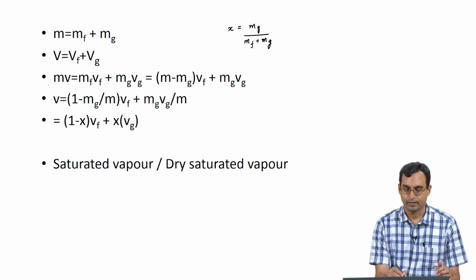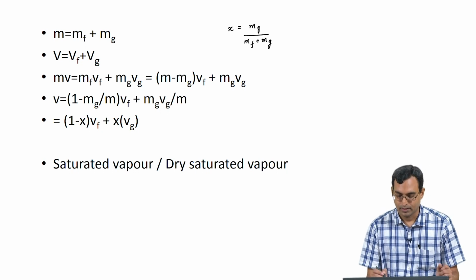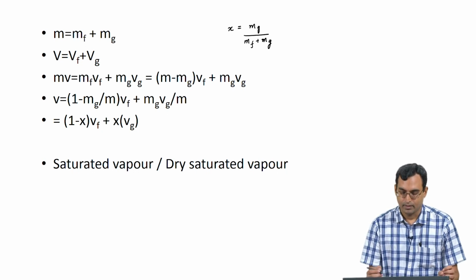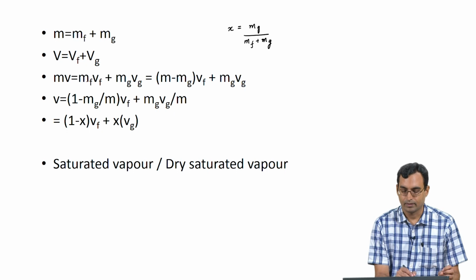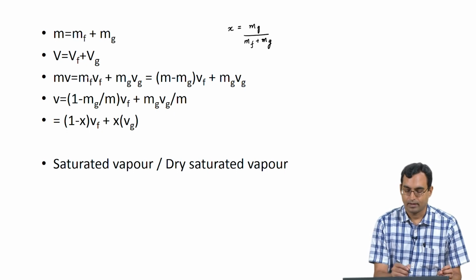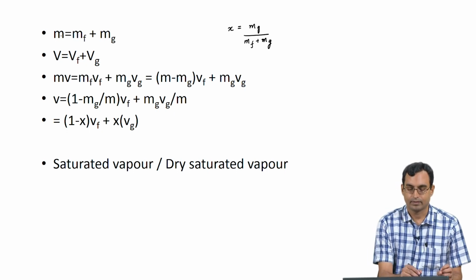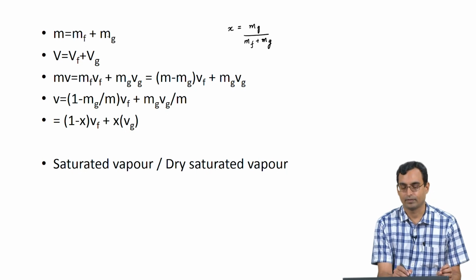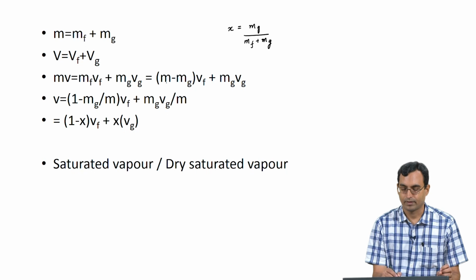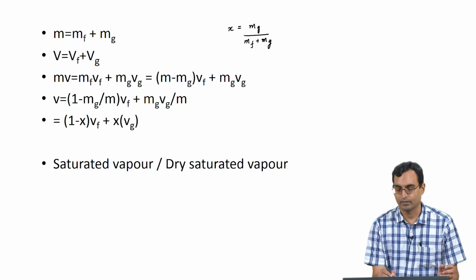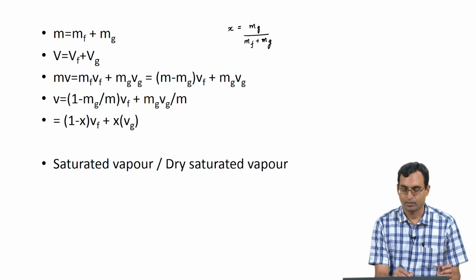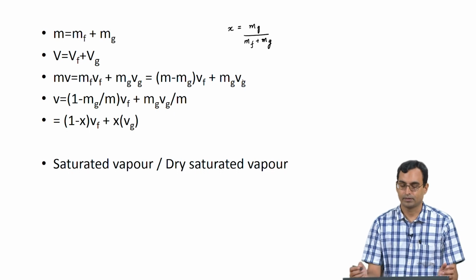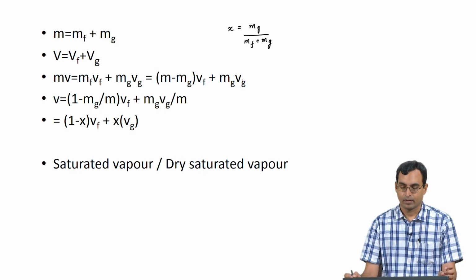So, we get this expression over here, and what we can also do is rearrange these things a little bit. So, we have mass of liquid is essentially total mass minus the mass of the vapor. So, I can substitute that for mf here. So, mf is the total mass minus the mass of the vapor, into the specific volume of the liquid, plus mg into specific volume of the vapor. So, I have this here.